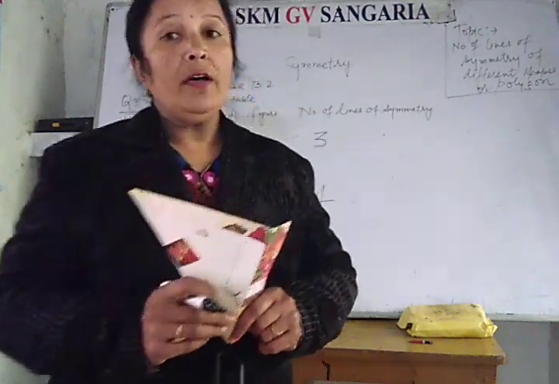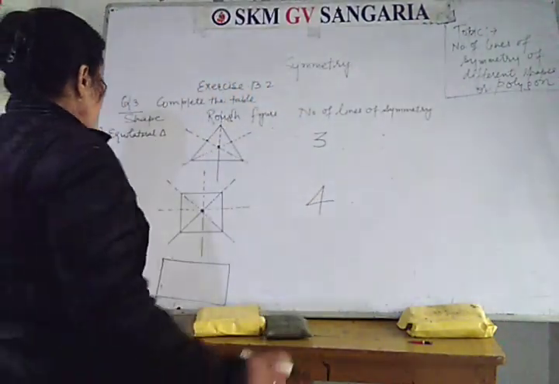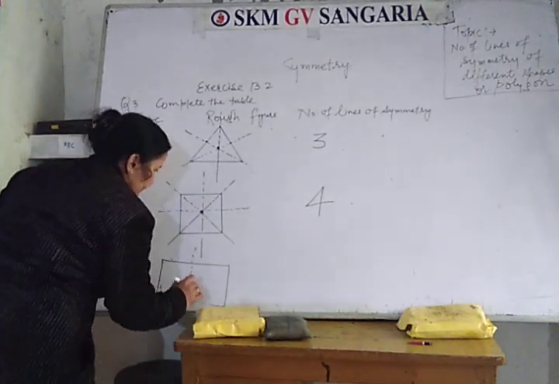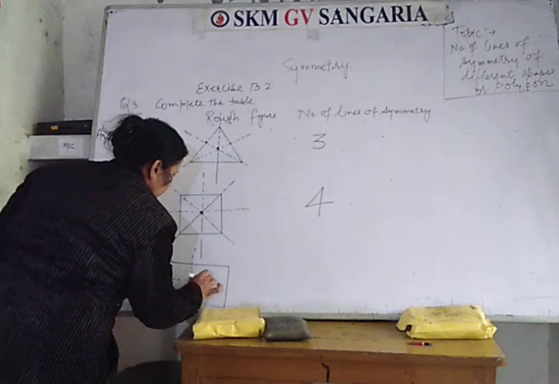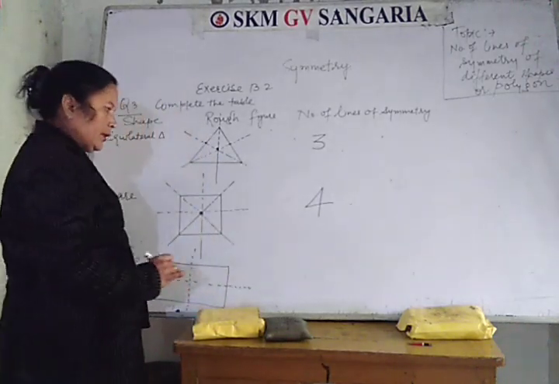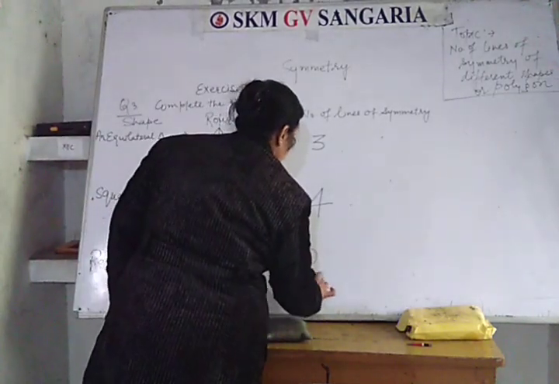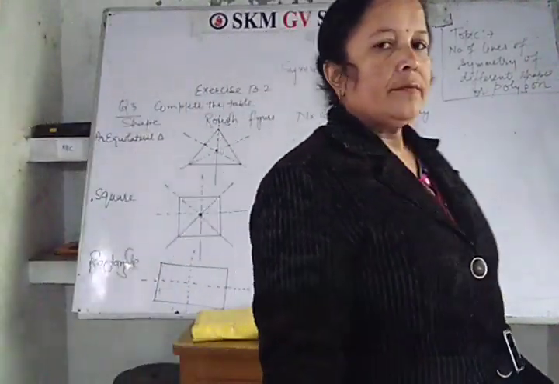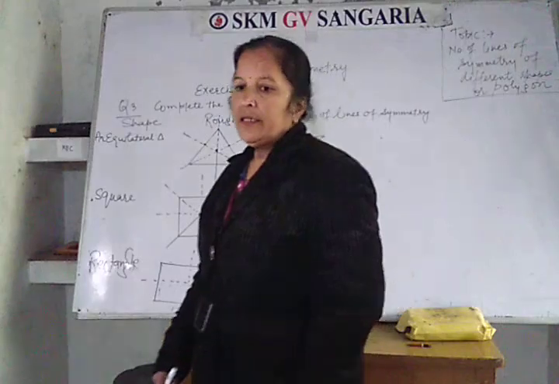So diagonally, I can't draw a line of symmetry of a rectangle. So here, vertical line of symmetry and horizontal line of symmetry are possible. So 2 lines of symmetry are possible for a rectangle.